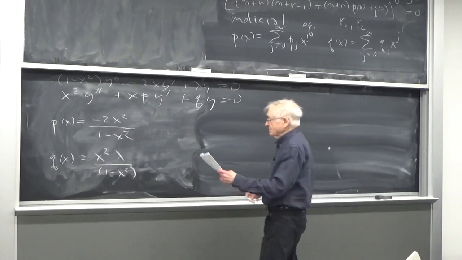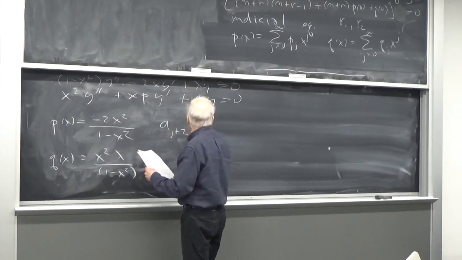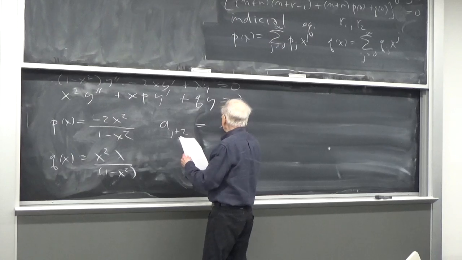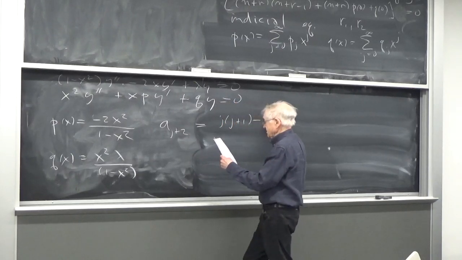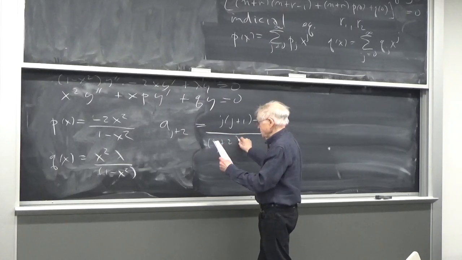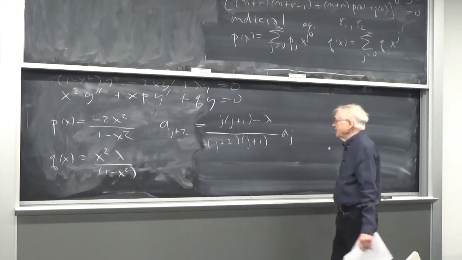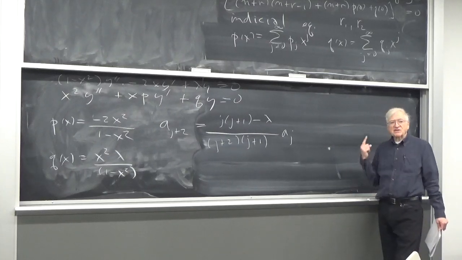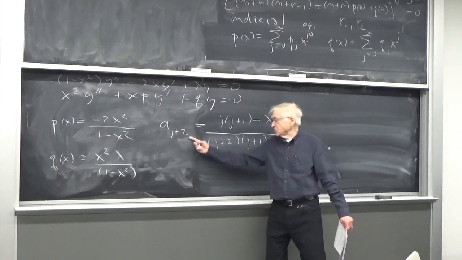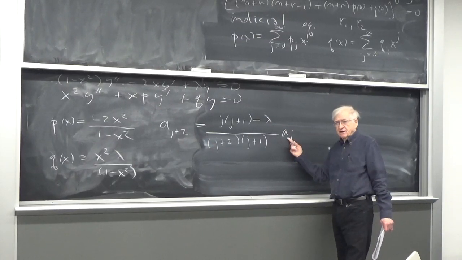And then after some chugging, what you get is a j plus 2 is equal to j times j plus 1 minus lambda over j plus 2 times j plus 1, a j. Now, if you look at this for large j, what you see is that a j plus 2 is going to be effectively the same as a j.